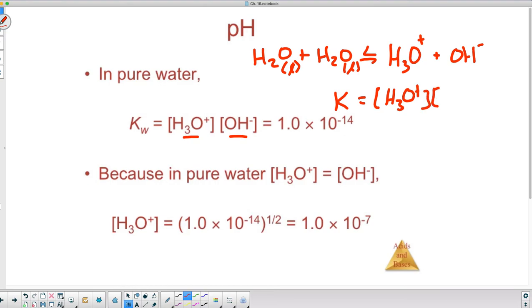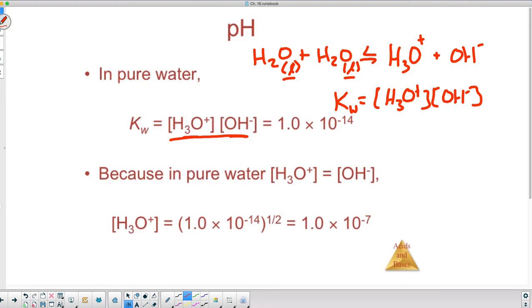So it's not like we're leaving anything out that should be there. This is a pure liquid, so it doesn't show up in the K value. That's why you keep seeing the same two concentrations over and over again.